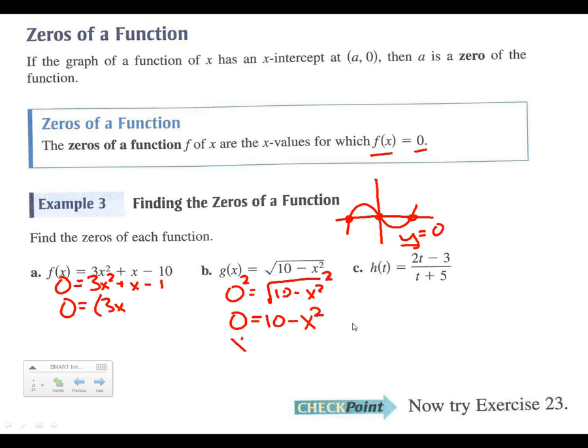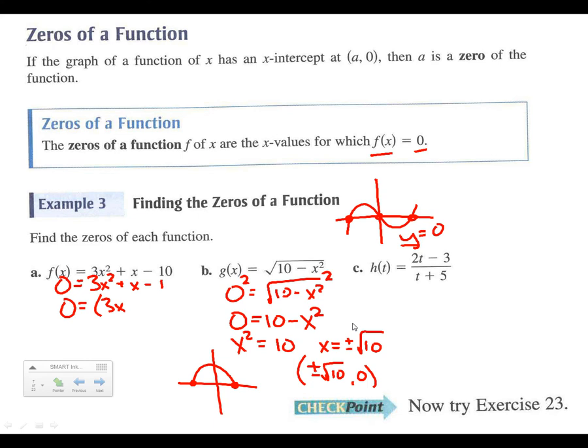And if we say x squared equals 10, then x equals plus or minus the square root of 10. So here we have two zeros at plus or minus square root of 10, comma 0. And if you were to graph this function, it does look like that, where we have two zeros of this graph.